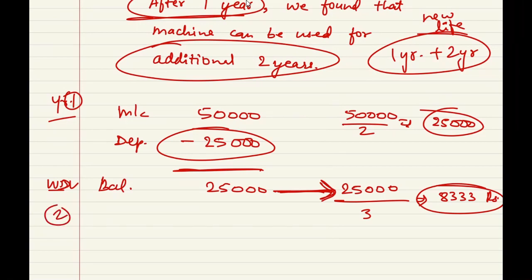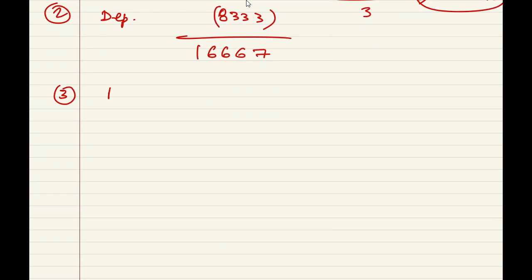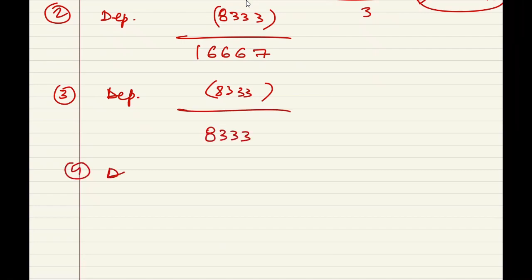So in the second year, I will charge the depreciation of 8,333 and the balance after 2 years would be 16,667. Now again, third year, the depreciation would be 8,333. The last balance will also become 8,333, and in the fourth year the depreciation will be charged again 8,333, and thus it will be of zero value. So this is called a prospective change.